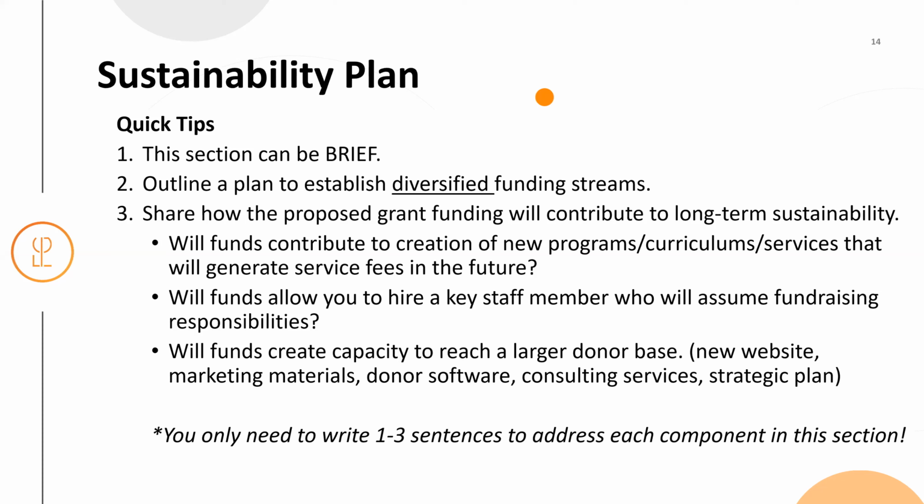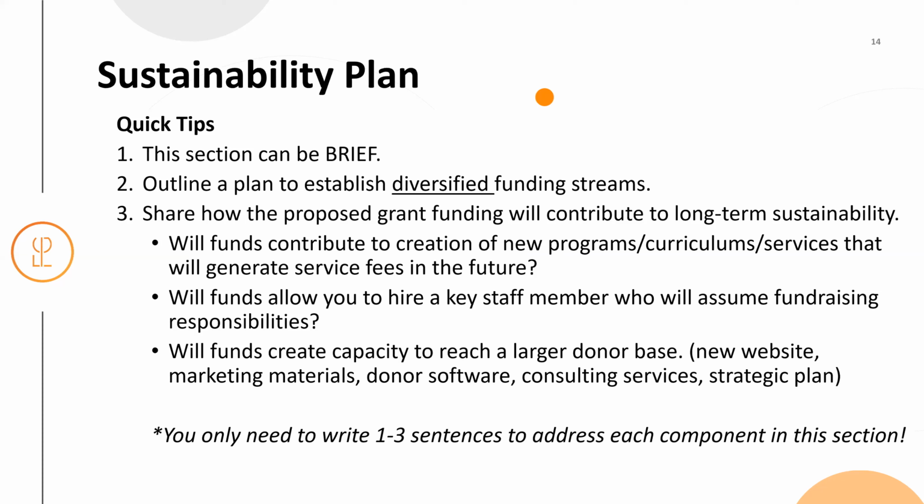But some things to consider, because everybody has a different sustainability plan. Maybe your sustainability plan is in 3 years, we hope to have our endowment at a certain level and we'll be able to draw down X number of dollars a year, and our board has approved allocating those dollars towards the sustainability of this program. Maybe your plan is that you're going to implement program fees in year 1 that will offset the cost of the program in future years.